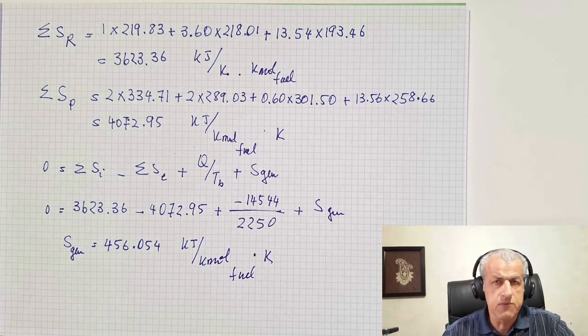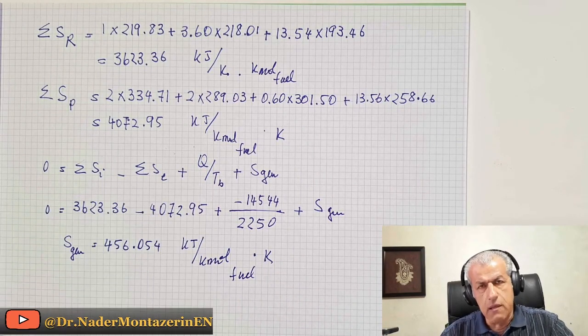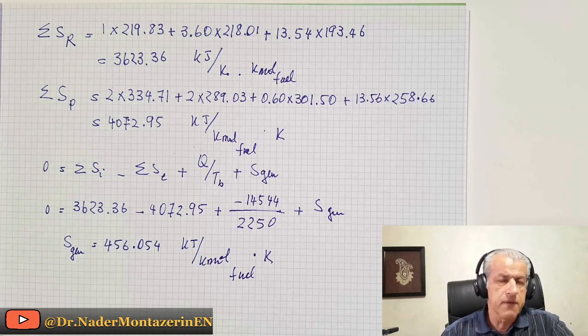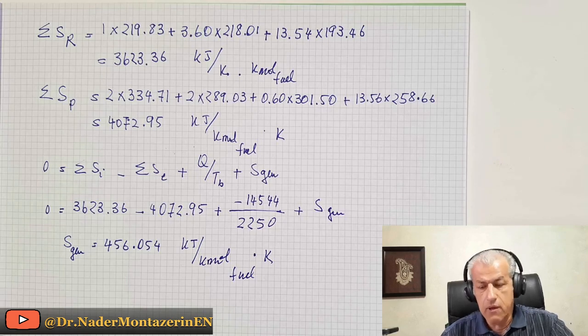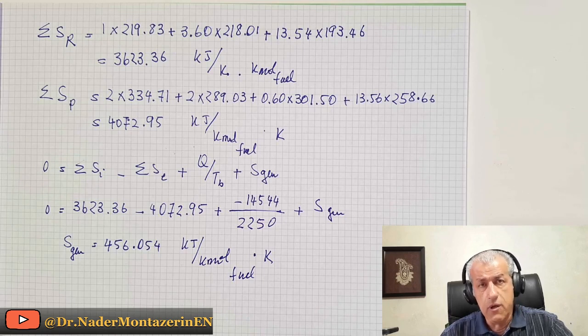Usually in our previous problems, when there was heat transfer involved or there was friction involved, the values calculated for entropy generation were in the order of 1 or even often less than that. Now, a value of entropy generation for every kilomole of fuel of 456.04 is very high.